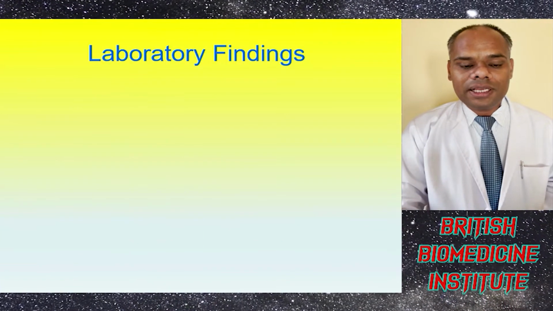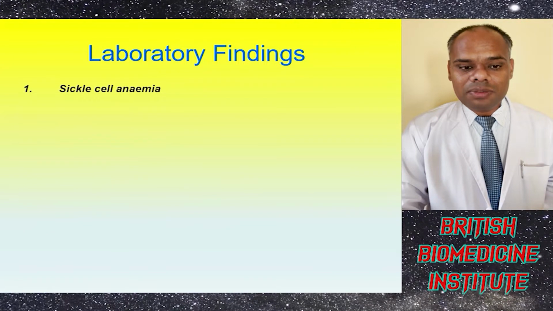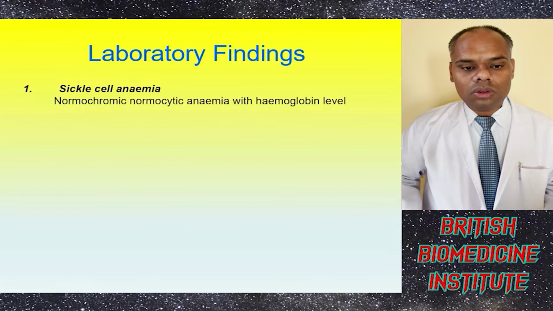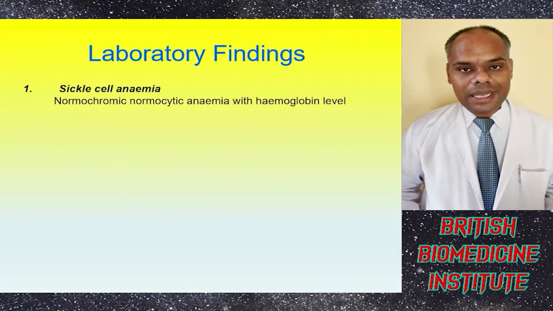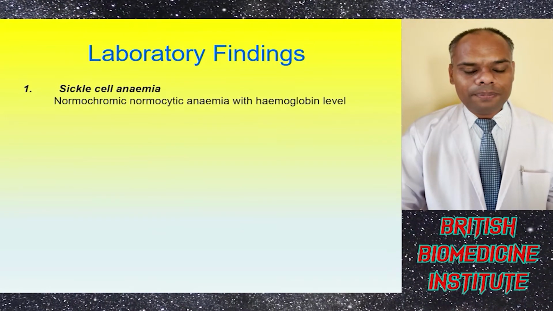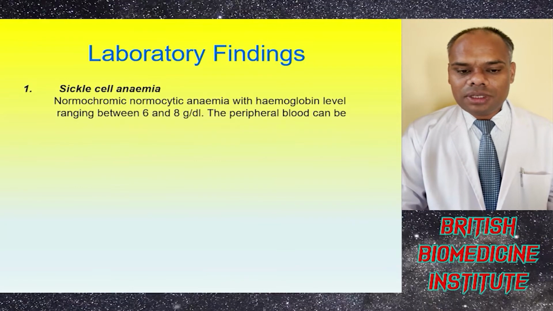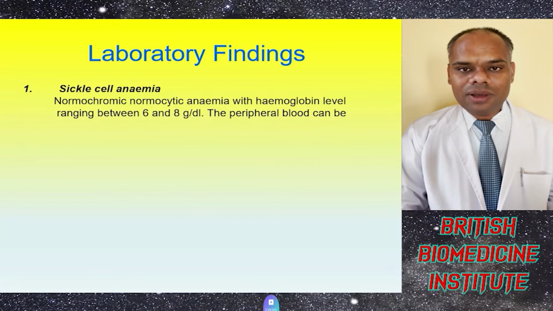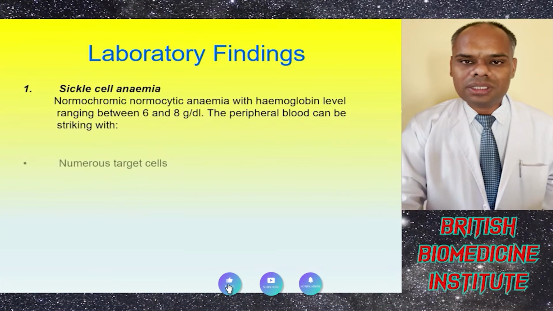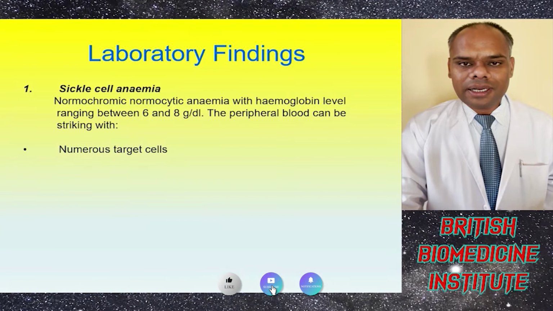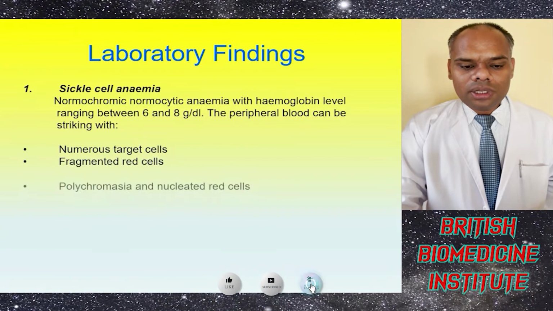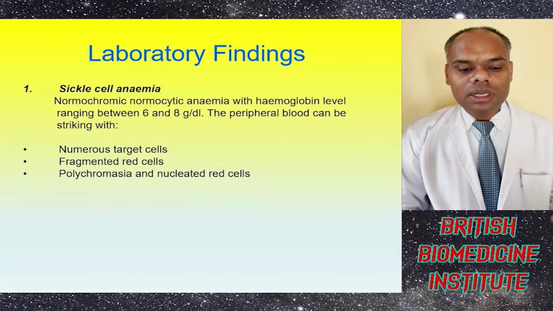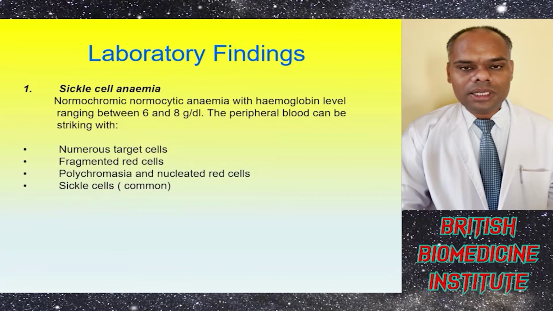So the laboratory findings for sickle cell anemia can be identified through normocytic anemia with hemoglobin level ranging between 6 to 8, and the peripheral blood can be striking with numerous target cells, fragmented red cells, polychromasia and nucleated red cells, and sickle cells which are common basically.